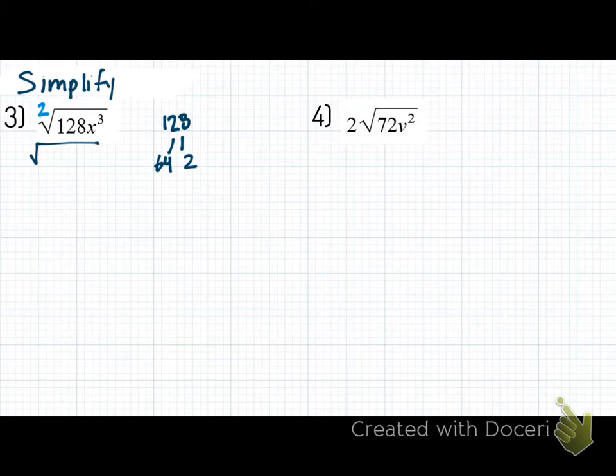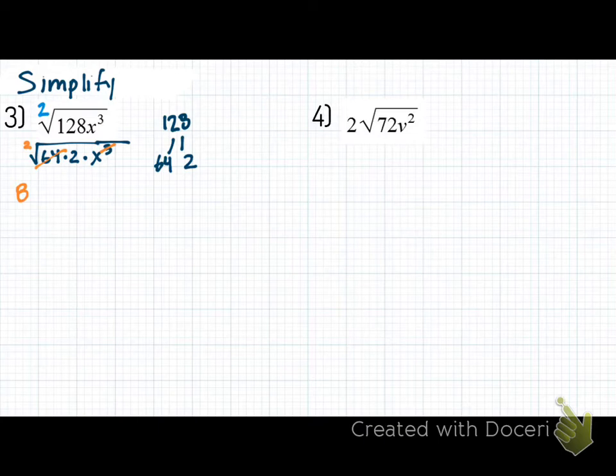Okay, you should have paused the video. Now we're back, and you should be done with the problem, number 3. So this is what I would have done, is rewritten 128 times as 64 times 2, and then x cubed is just still x cubed. I'm looking for the square root, so the square root of 64 is 8. Bring that to the outside. We don't have a square root of 2, so we're going to leave that in there. Square root of x cubed, we could break that down. It's like a square root of x to the third.